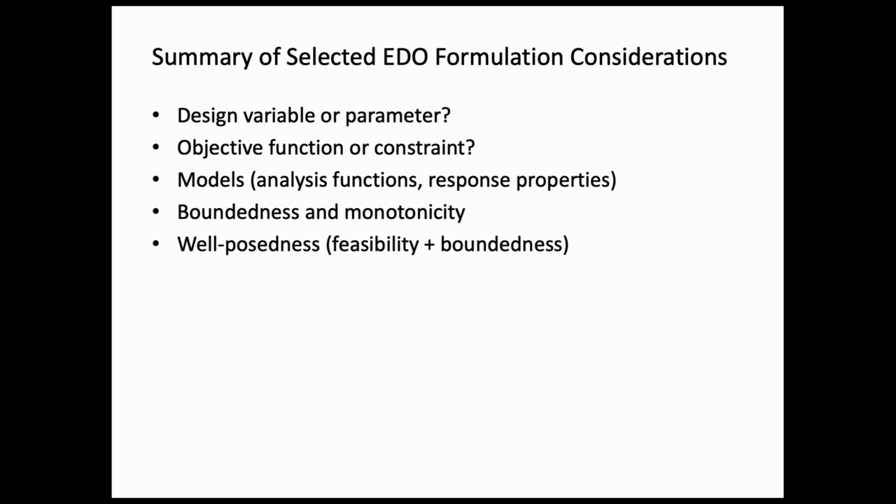We've discussed well-posedness. We need to have problems that are feasible. There's at least one point that satisfies all constraints simultaneously, and we must have a bounded problem. These two properties are essential for us to have a problem that has a solution, which is needed for a problem to be well posed.